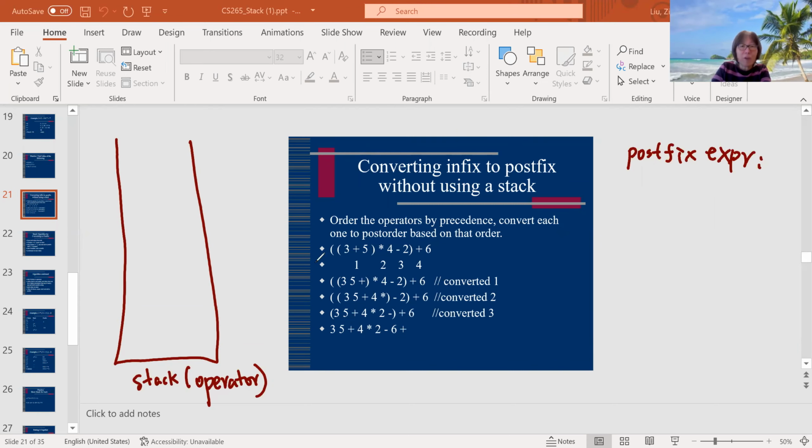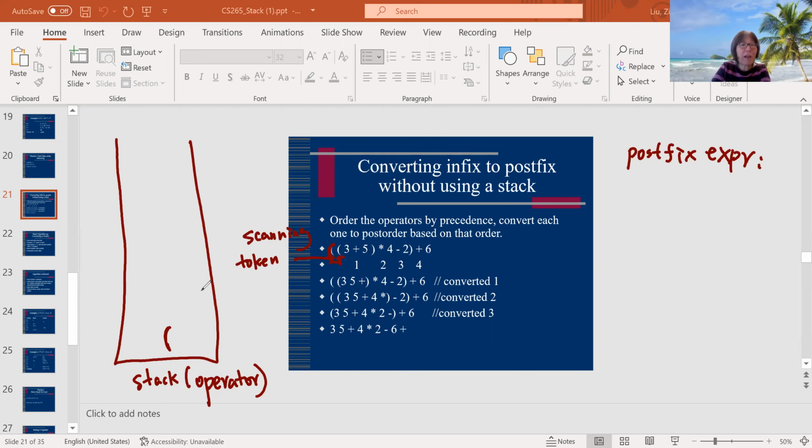Still the same, we are going to do token scanning. The first one is left parenthesis. If it is left parenthesis, I need to put it to the stack.